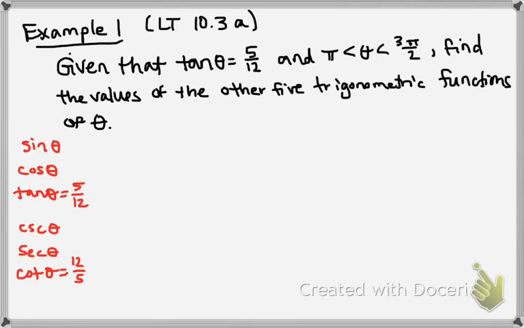To do that, they want us to use those identities that we just talked about. Because I have tangent, I need to find an identity that relates tangent to some other trig value. We already used the reciprocal because the tangent goes with the cotangent.